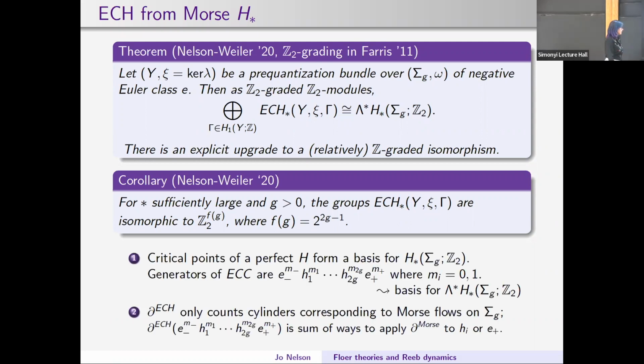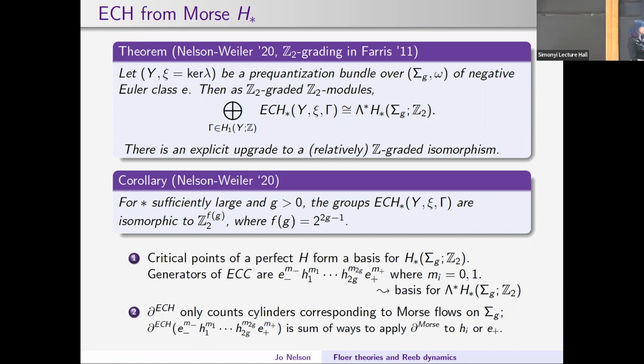And kind of like the reason why you're getting this exterior algebra of the homology of the base is because the critical points of a perfect Morse function are giving you a basis for the homology of the base. But then once you get that basis for the homology of the base and you think about what the generator sets are for embedded contact homology, you're going to end up with these tuples of Reeb orbits attached with some kind of multiplicity.